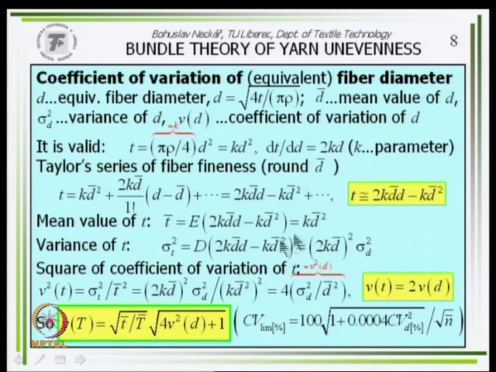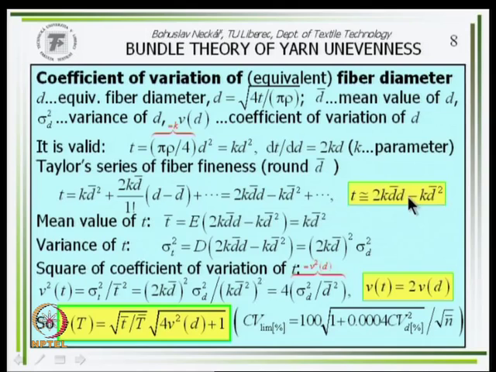After rearranging, we obtain Vt is 2 times Vd. In place of the coefficient of variation of fiber fineness, we can roughly, because this is an approximation, write 2 times the coefficient of variation of fiber diameter.